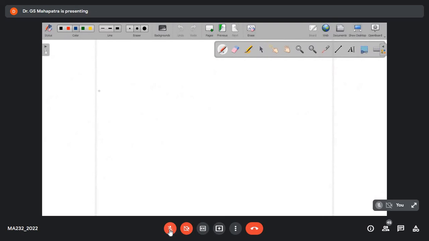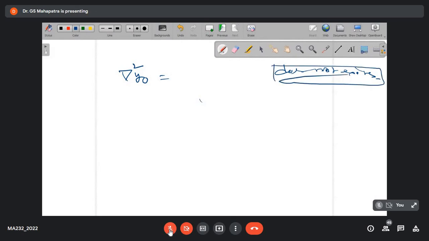So the backward differences are nabla 2 y naught. What is the answer? It does not exist. Let me explain why it does not exist. The answer should be y naught minus nabla y(minus 1), correct?